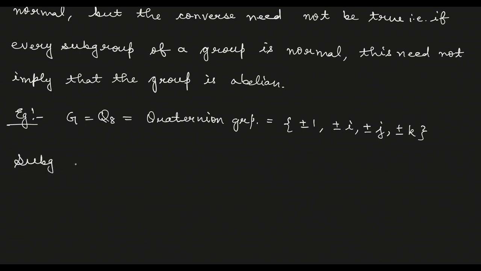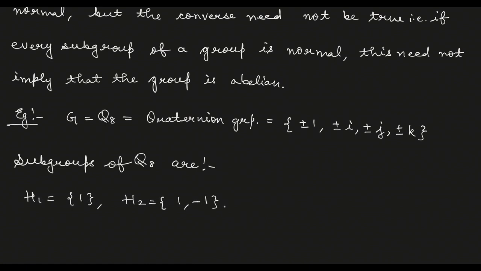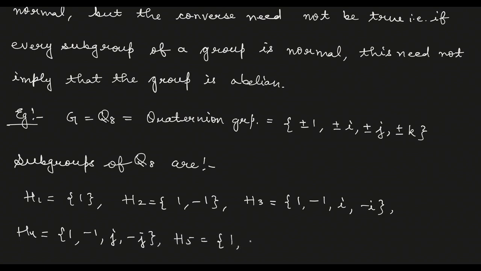Subgroups of Q8 are H1 equal to {1}, H2 {1, -1}, H3 {1, -1, i, -i}, H4 {1, -1, j, -j}, H5 {1, -1, k, -k}, and H6 is whole Q8.